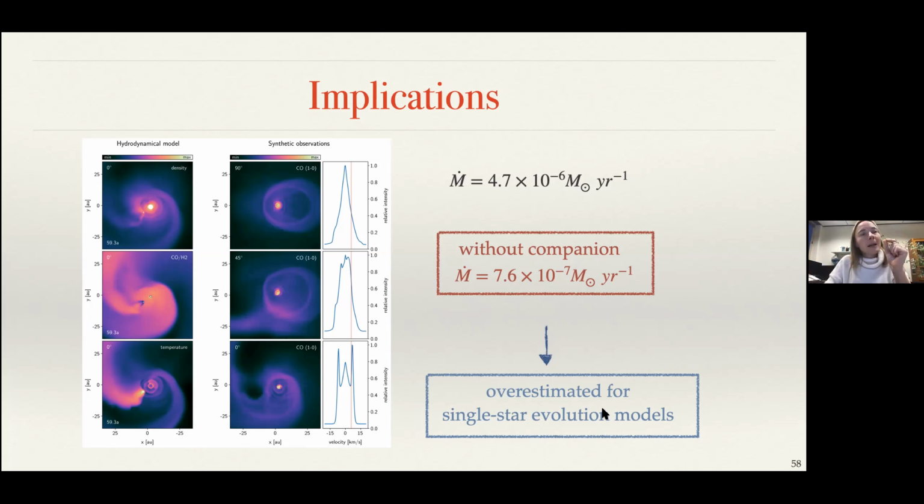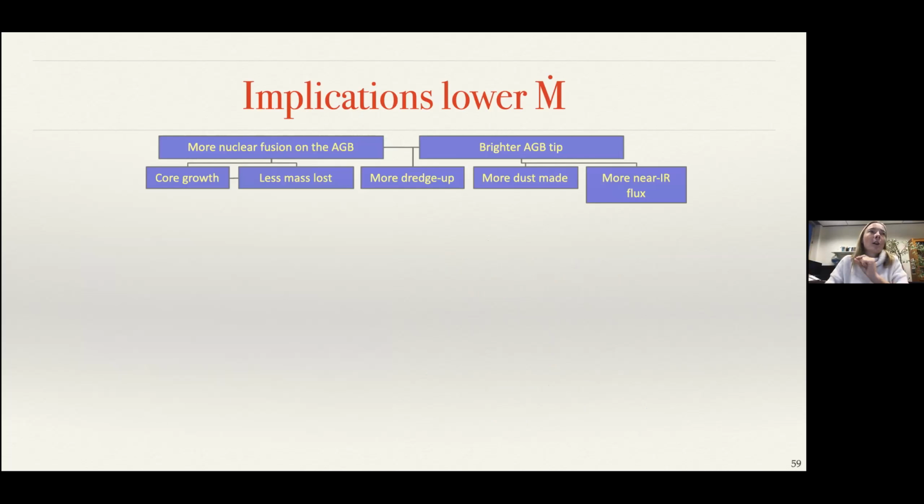And lowering the mass loss rate is important, not only for the stellar evolution models, but for a whole range of things. I just list here some of these aspects.